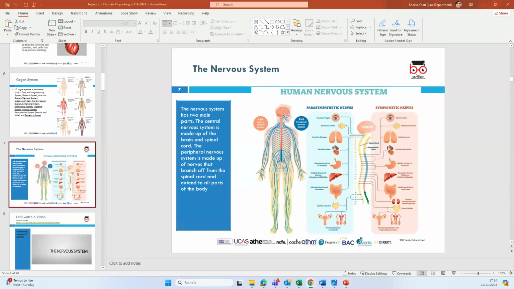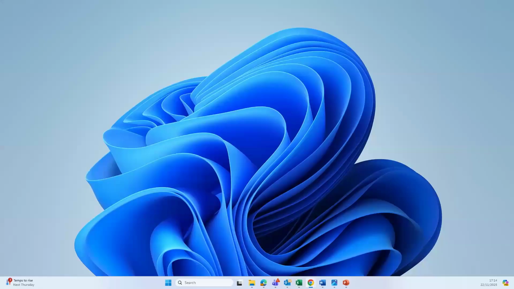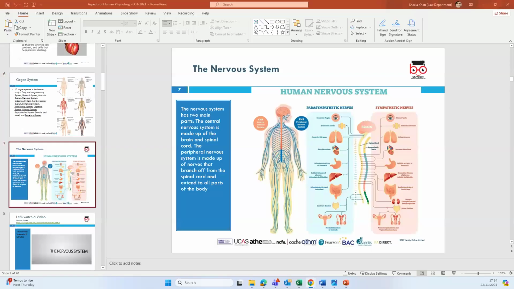What do you think the nervous system covers, Faustina? We're talking about the brain, the spinal cord, and the nerves, and all their functions. Yeah. So the nervous system is a complex network that transmits signals through the brain and other parts of the body to coordinate actions and any sort of sensory information.